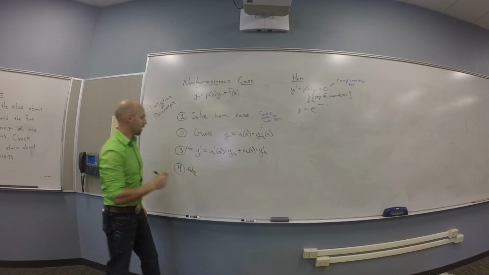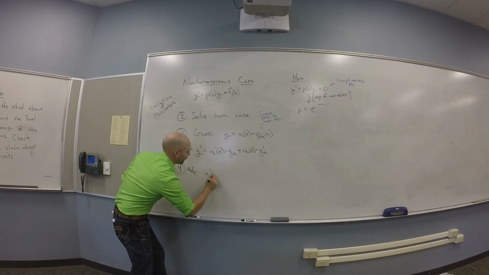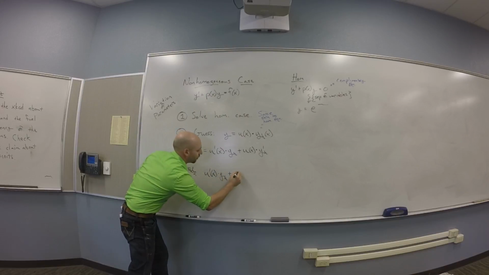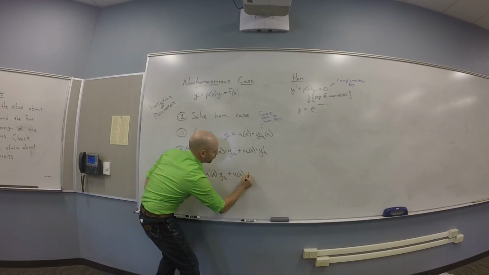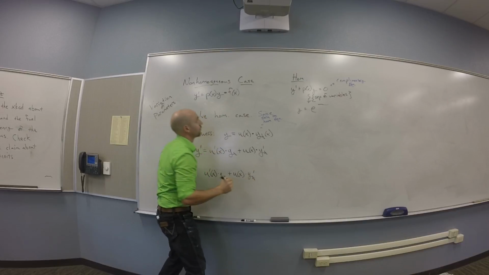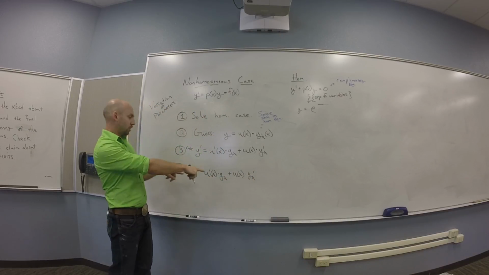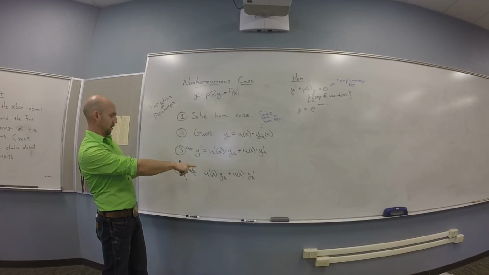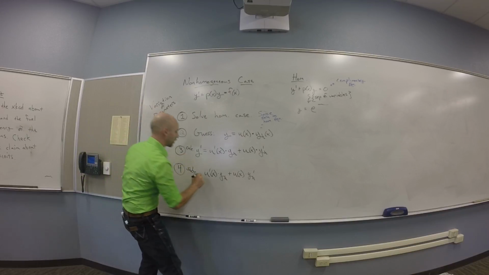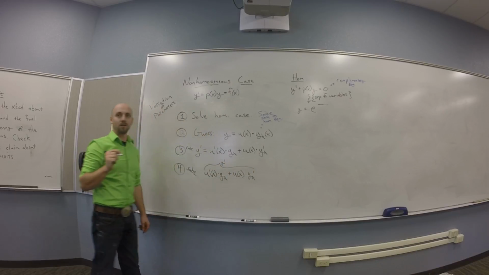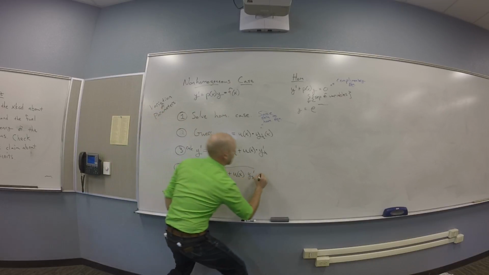So if I substitute, I should get u prime of x times yh plus u of x times yh prime. That's just the y prime, right? So that plus p of x times y.